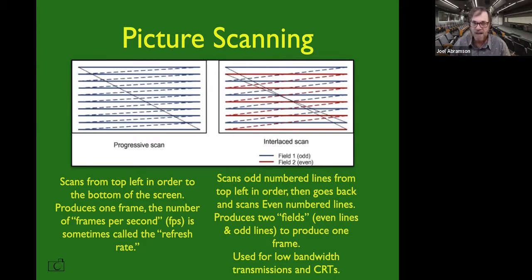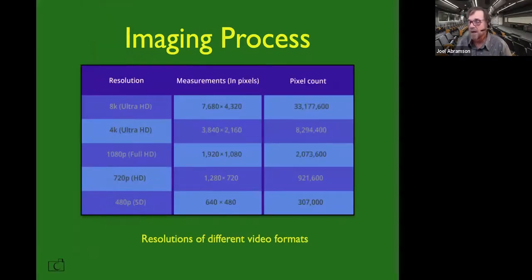The odd scan was a field, the even scan was a field, and you had to complete two of these fields to get the whole picture. It's used for low bandwidth and CRTs, the cathode ray tubes, the old tube technology.